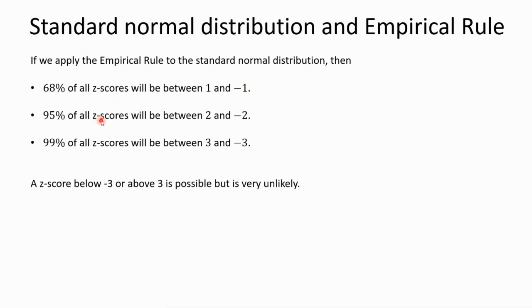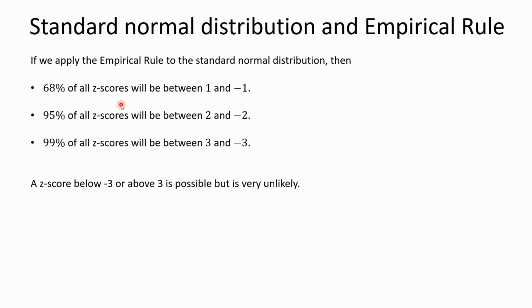95% of all z-scores will be between -2 and 2. And 99% of all z-scores will be between -3 and 3. So this is basically the empirical rule, but we're expressing it for the standard normal distribution using z-scores.